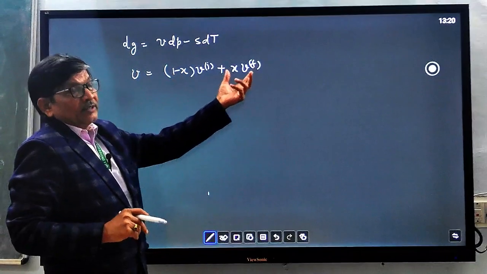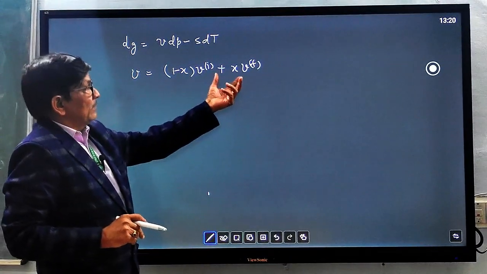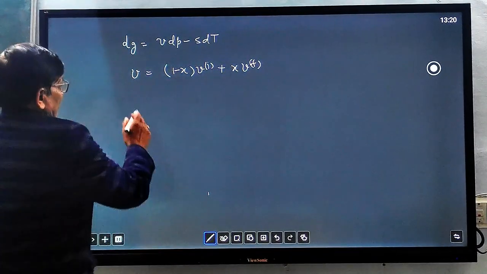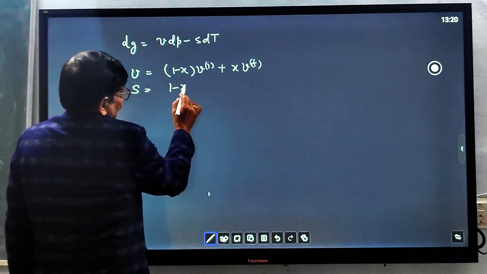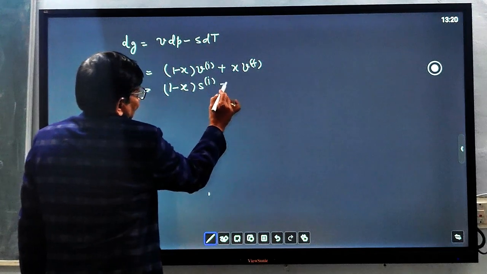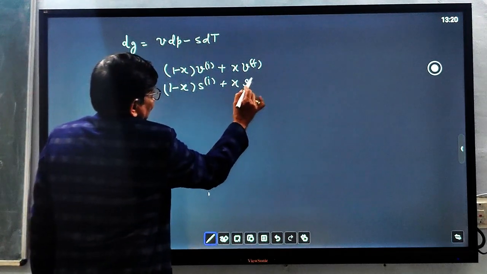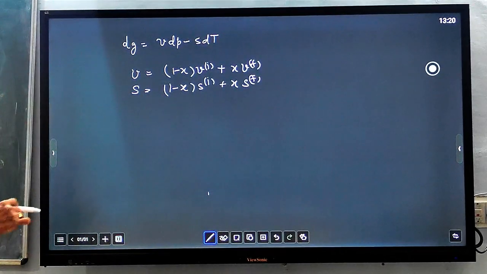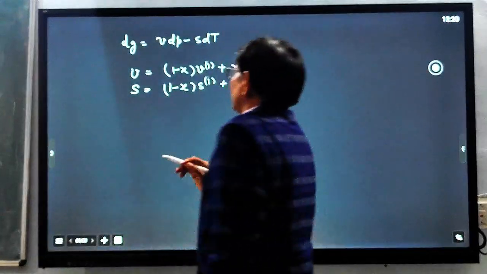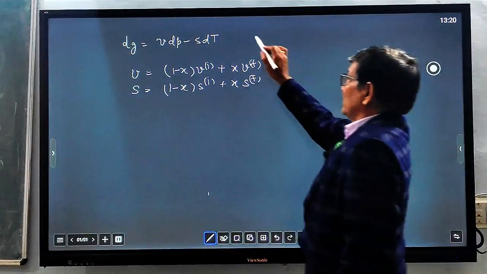The same thing we can write for entropy: S equals (1 minus x) Si, the initial condition, plus x into Sf, the final condition.